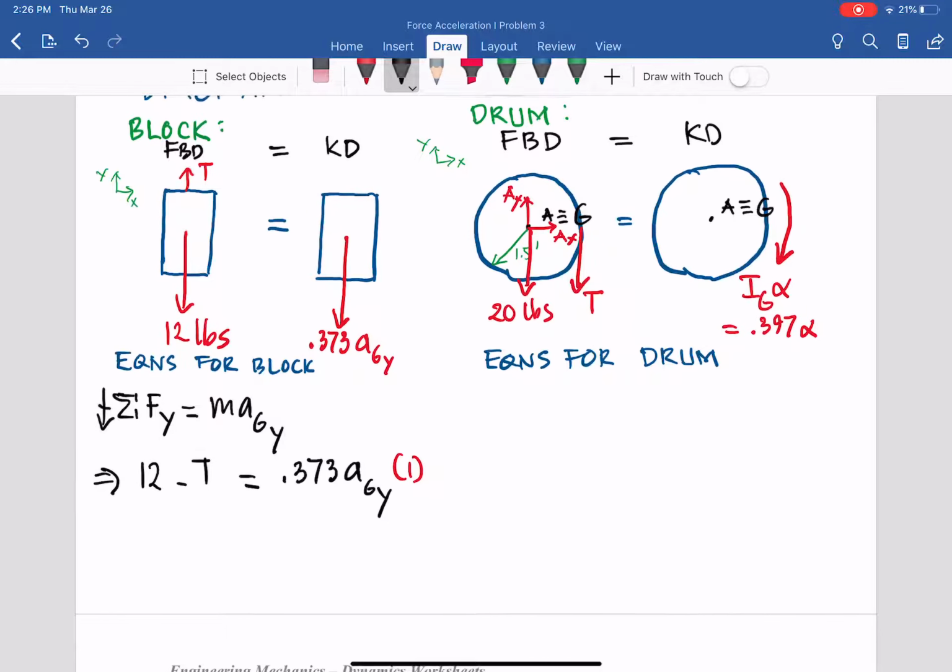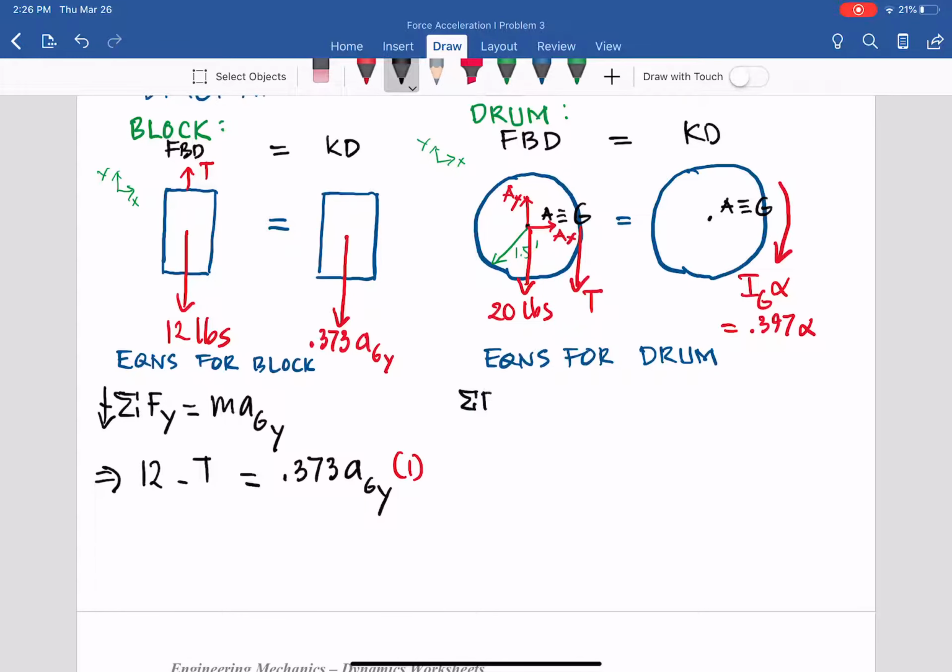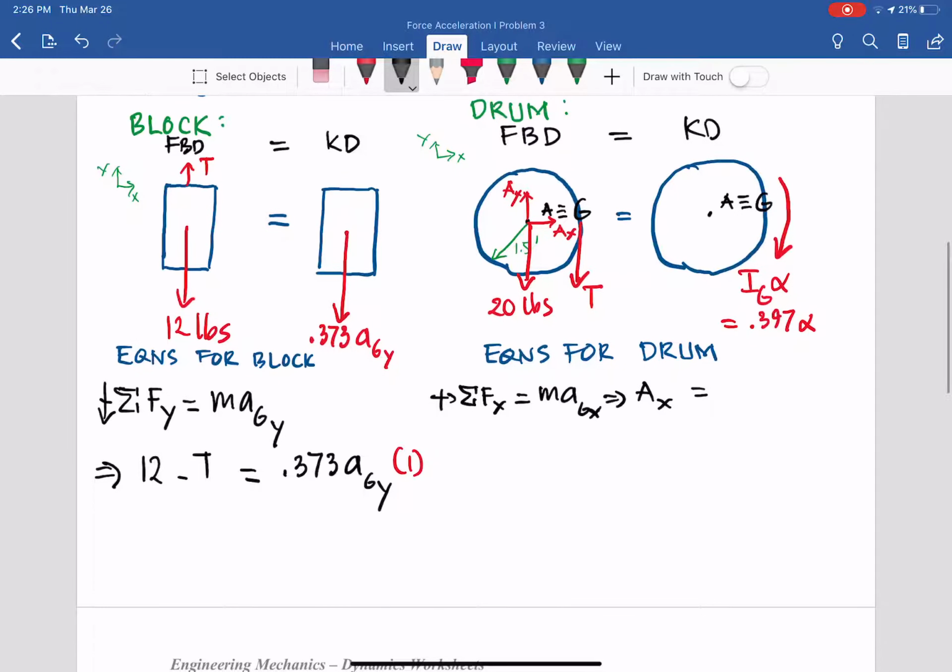Sum of all the forces in the x direction equals MAgx. In this case it's only Ax. Looking at the kinetic diagram, there is no MAgx, because A is a fixed point, so it will be 0.